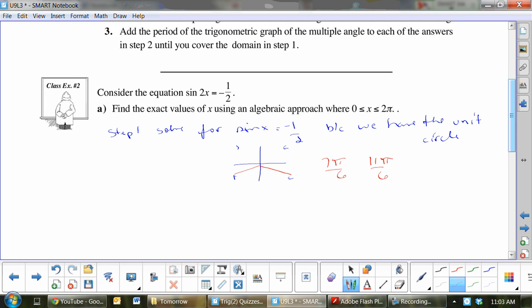Now step 2. We want to know what would be the number of solutions for sine 2x. 4, right? 1, 2, 3, 4.